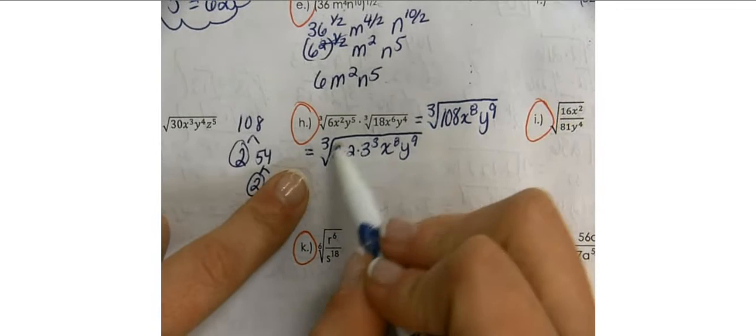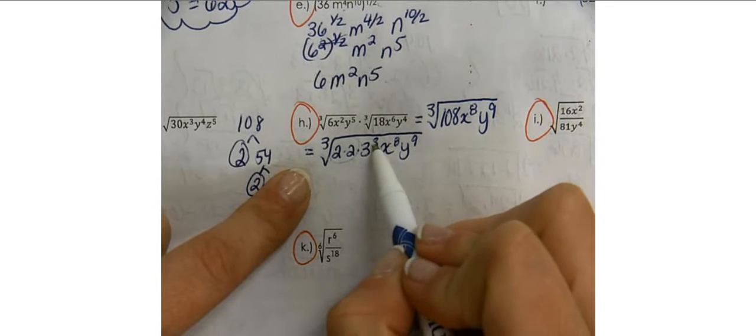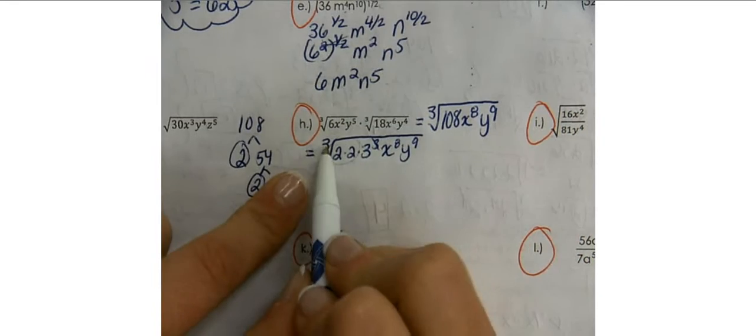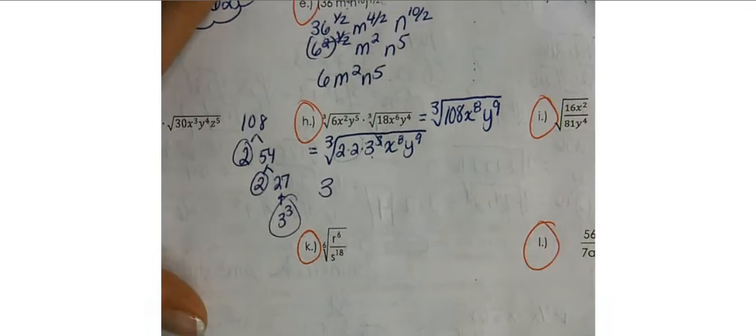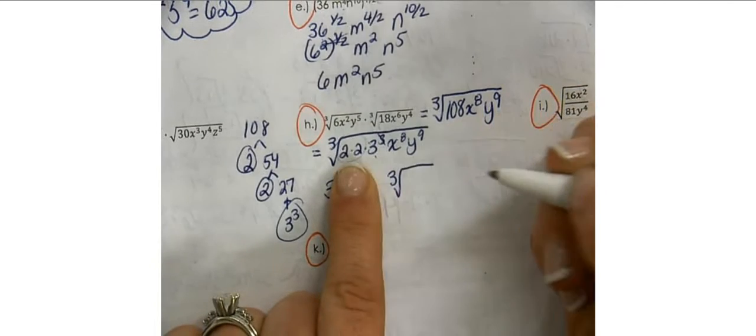So the 2 2's are going to stay inside of the root, and the 3 to the 3rd power, well, the cube and the cube root will eliminate, or 3 can go into 3 one whole time, so that means I'm going to have a 3 on the outside. I'm going to put down a finger of space and write down the cube root, and what's left over is going to be 2 times 2, which is 4.